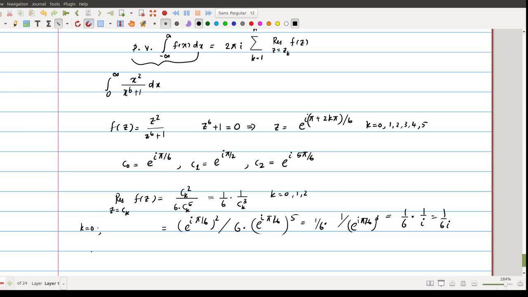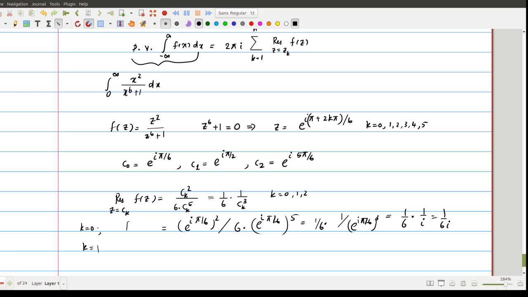In similar fashion, you can evaluate this for k equal to 1. For the case k equal to 1, we put ck as this quantity, then 1 by 6 times whole cube is here, so that will be 3 pi by 2. So e raised to i 3 pi by 2 is minus i, so that will be the residue at that point.